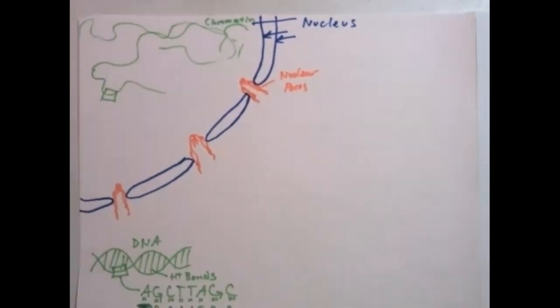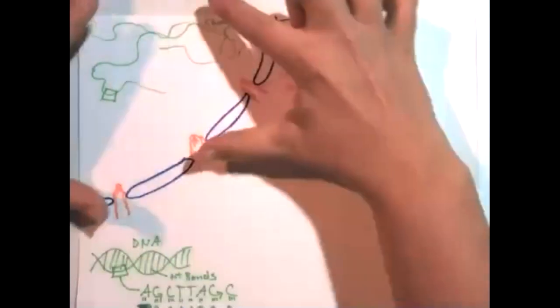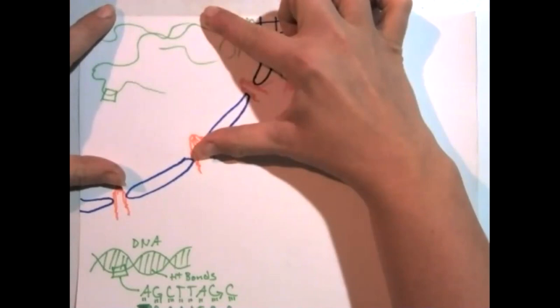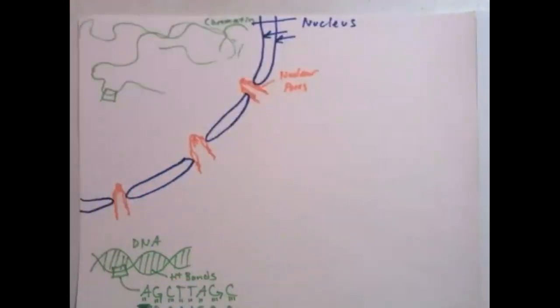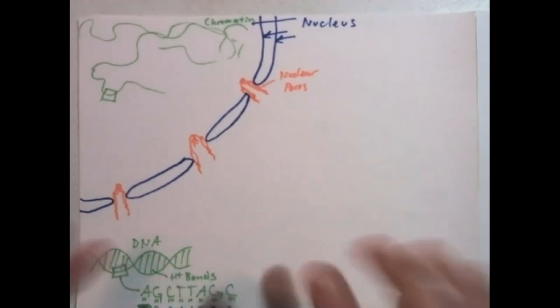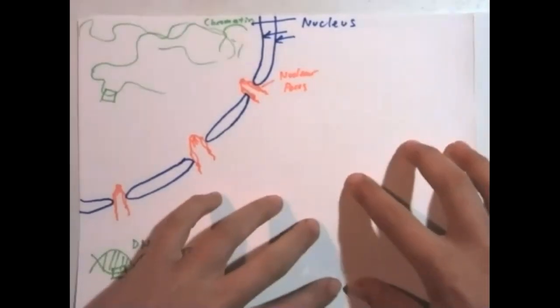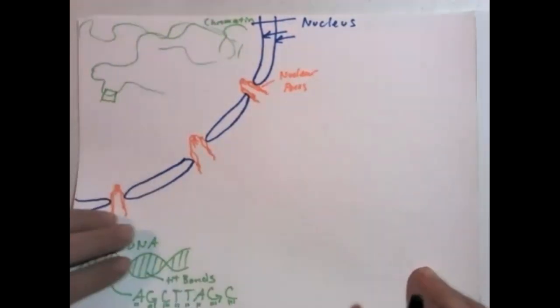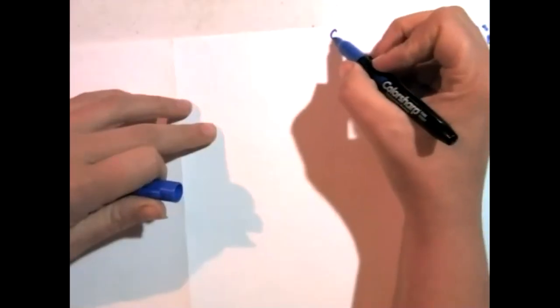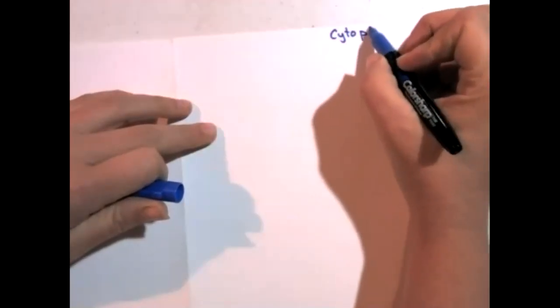So the cookbook is stored here, the instructions for everything. But in order to make proteins, all of the things that the inner workings of our cells and body need, all of that happens out here in the cell. I forgot to mention that all of this space inside the cell is called the cytoplasm.